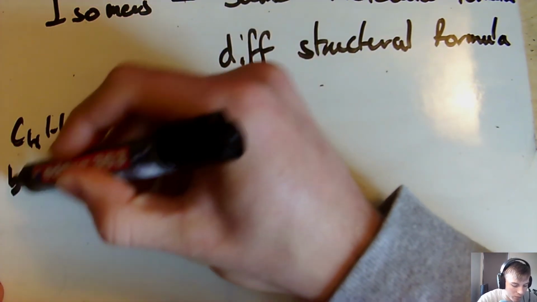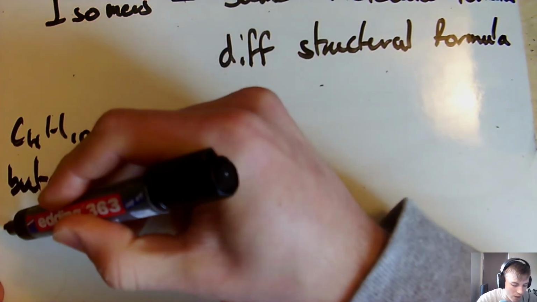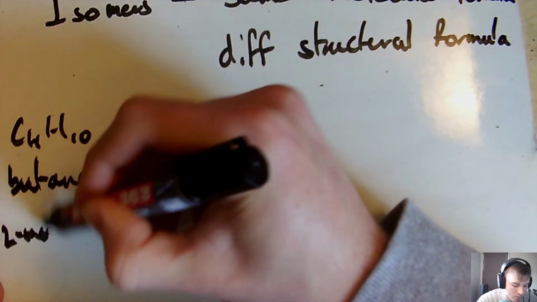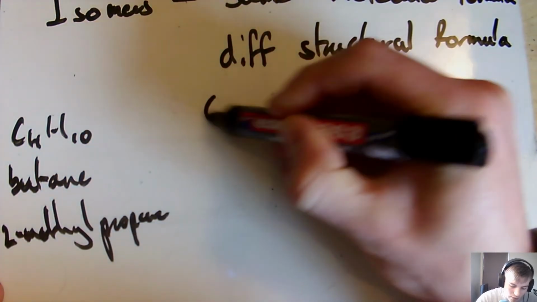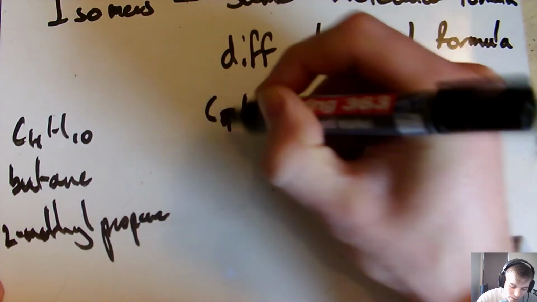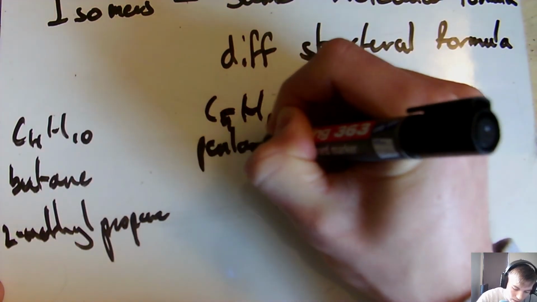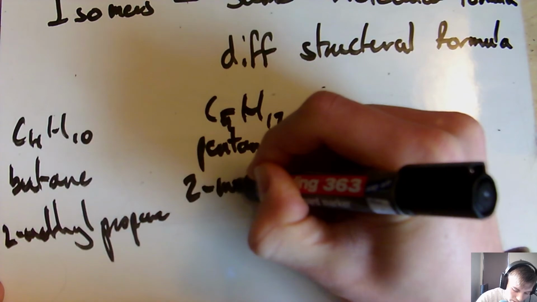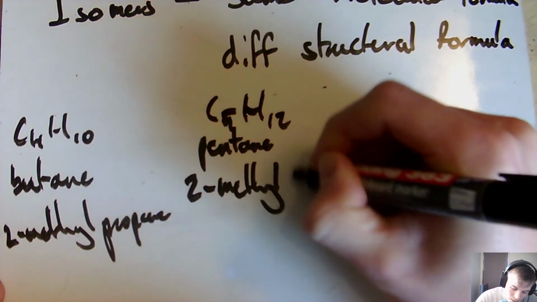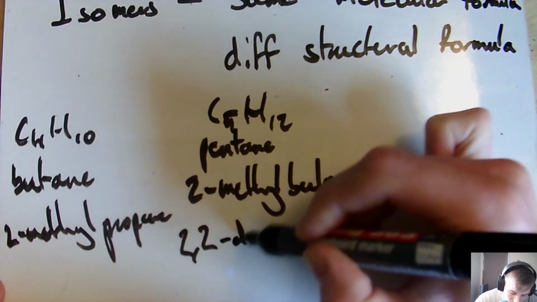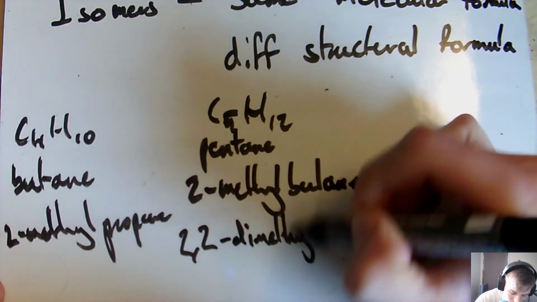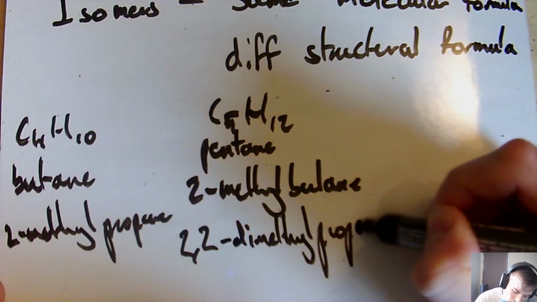If we were to just go through, C4H10, you've got butane and 2-methylpropane. If I did C5H12, I've got pentane, 2-methylbutane, and 2,2-dimethylpropane.